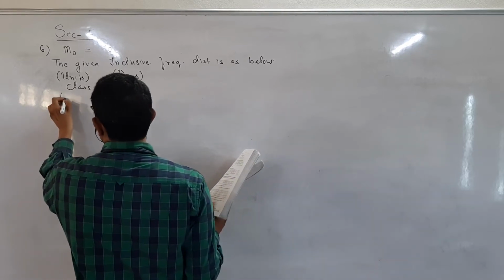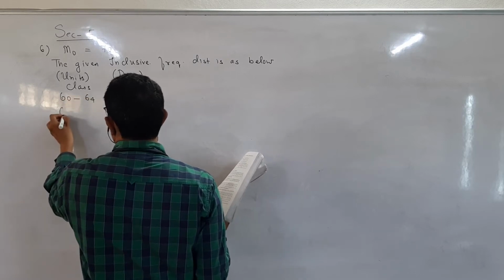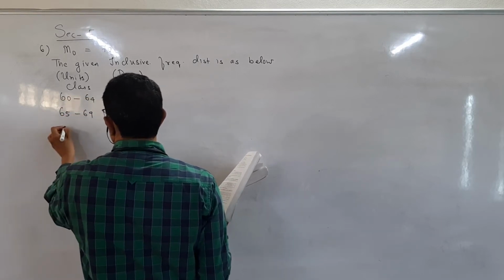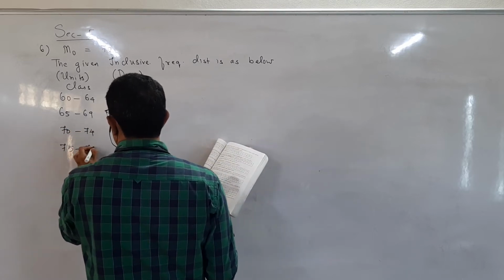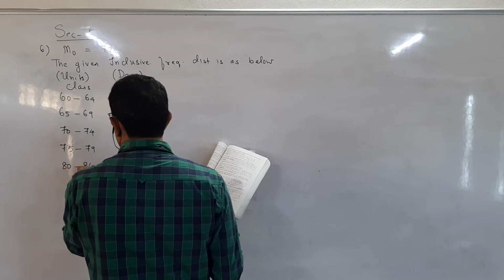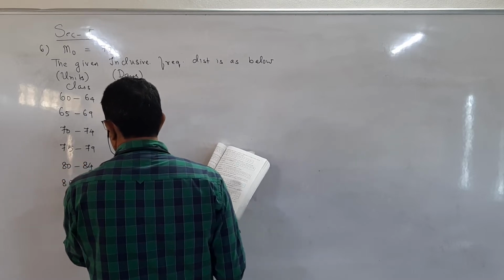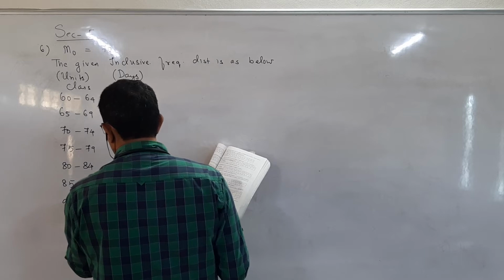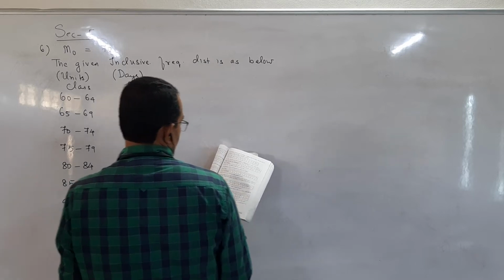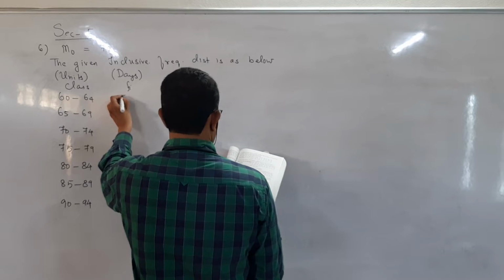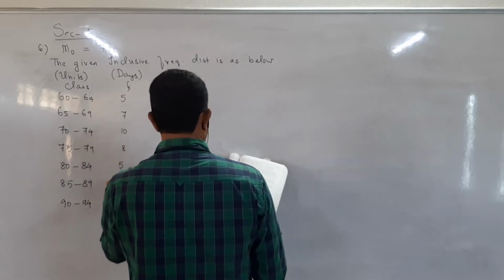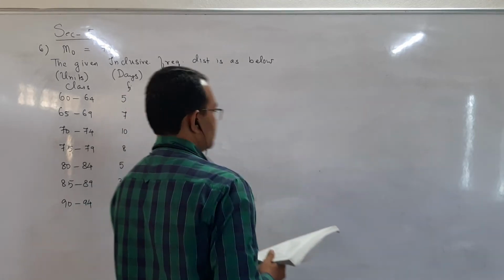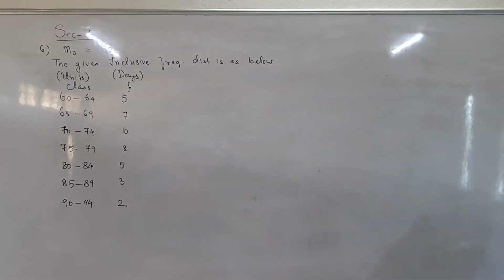First class is 60 to 64, 65 to 69, 70 to 74, 75 to 79, 80 to 84, 85 to 89, 90 to 94, and the frequencies are 5, 7, 10, 8, 5, 3 and 2. Is there any change in the mode of the number of items produced?